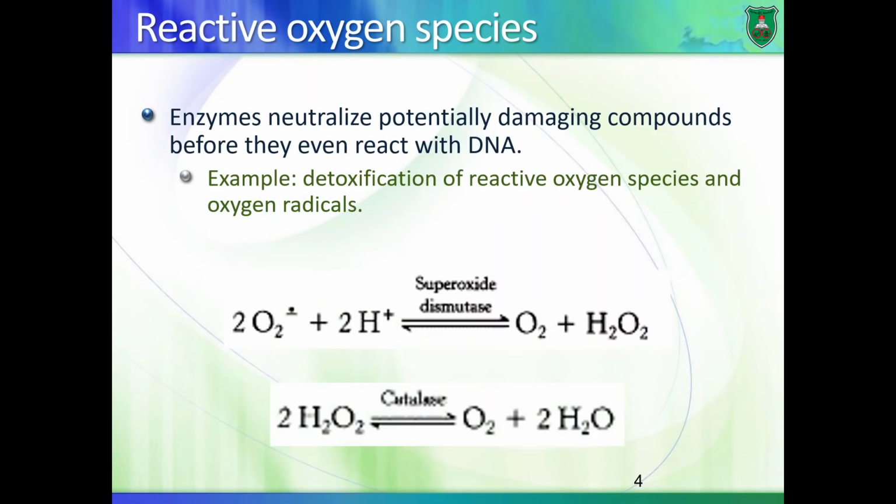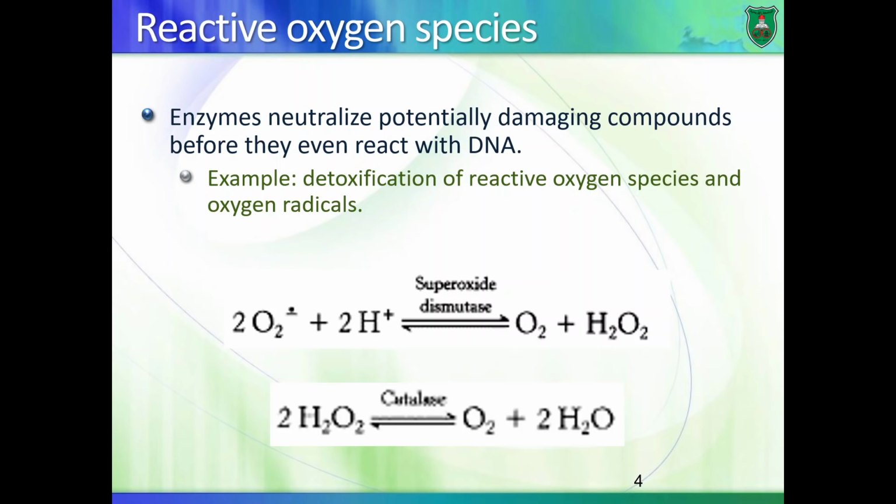So basically, before anything happens to DNA, the cell removes anything that can damage DNA. Probably the most damaging effect or factor on DNA is the presence of reactive oxygen species. So these are basically molecules that contain oxygen and they are reactive.